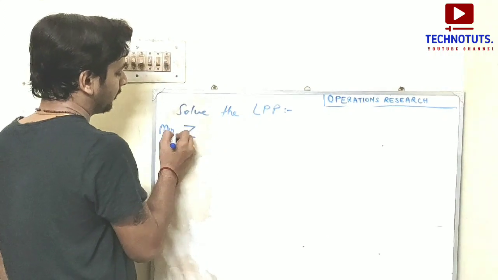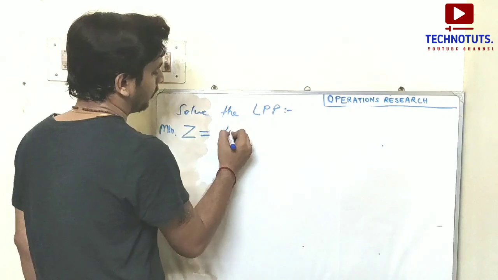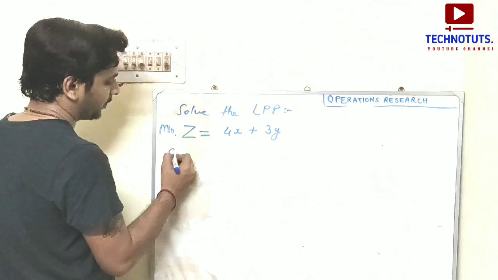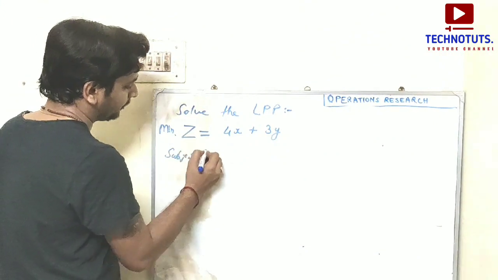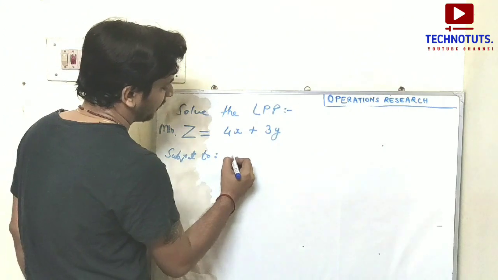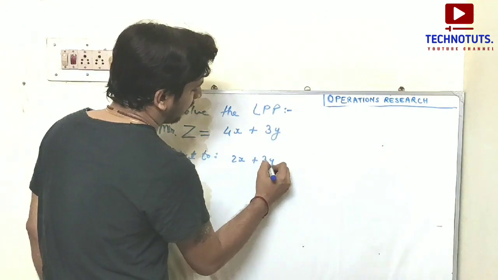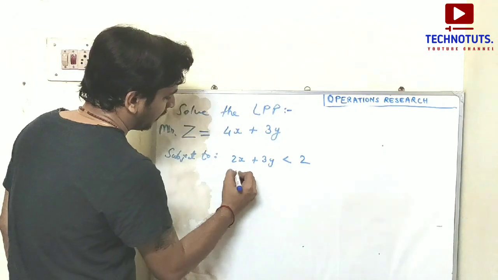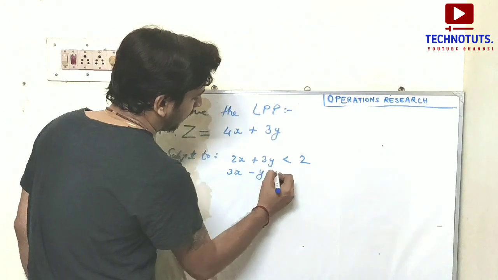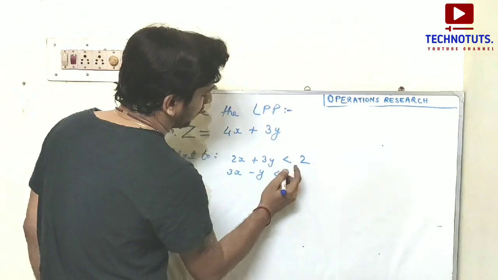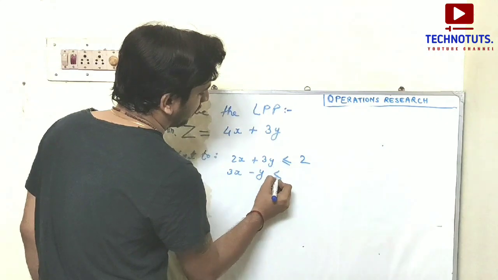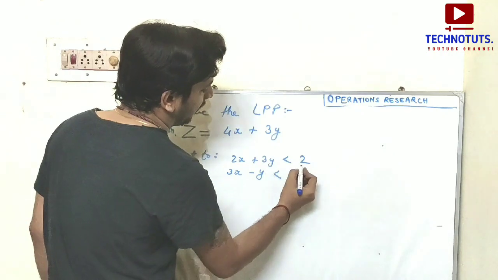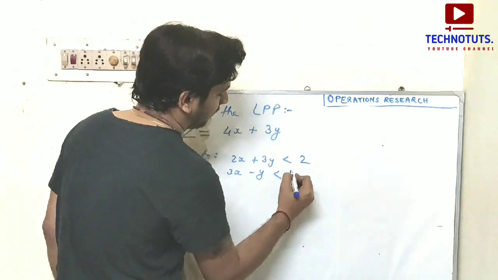Minimize z equal to 4x plus 3y, subject to the constraints 2x plus 3y less than or equal to 2, and 3x minus y less than or equal to 1.